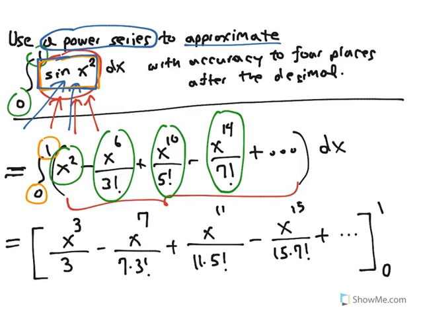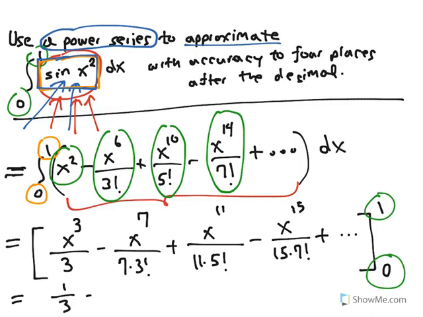Now, it turns out that when you evaluate each of these terms from the infinite series at 0, you would just get 0. So you don't really need to subtract anything because you'll just be subtracting 0. You just really have to evaluate your antiderivative at the upper limit of integration. And when you do that, here's what you get. You substitute 1 for x, so regardless of what power x is raised to, you'll just have 1 in the numerator.